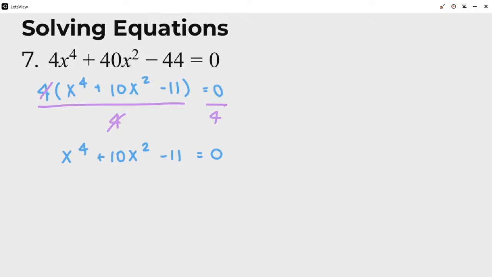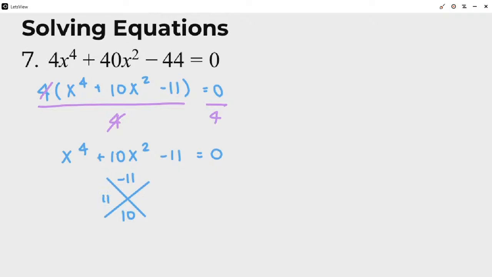So anytime you have 3 terms like this, and the first exponent is like this one times 2, I hope that makes sense. So since 4 is double of 2, we can use the x method to factor. So that means on the top we have negative 11 and on the bottom we have 10.